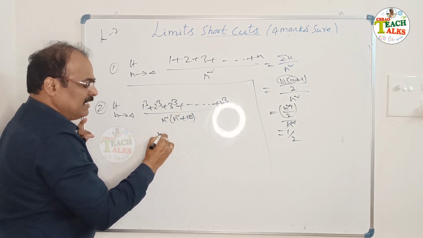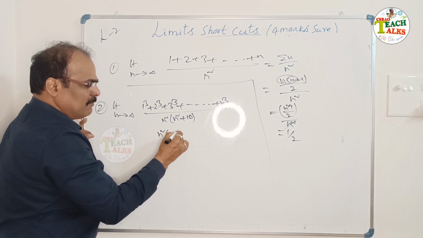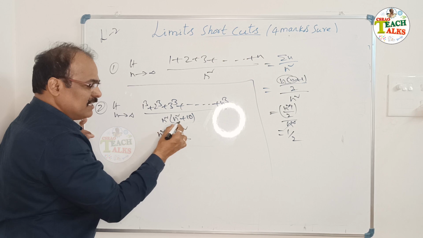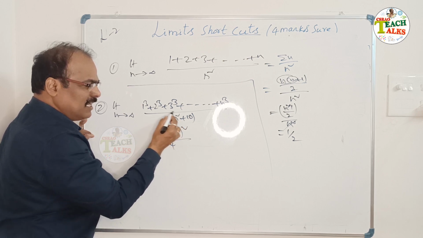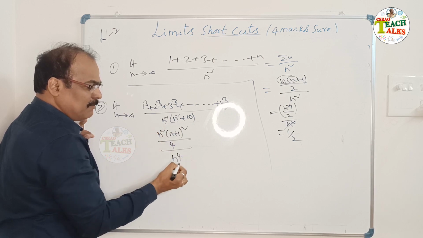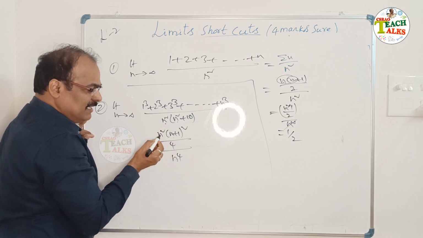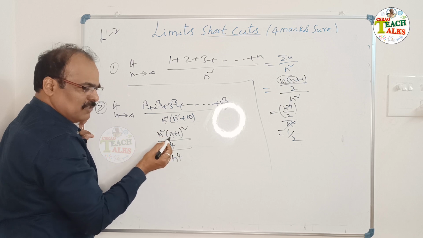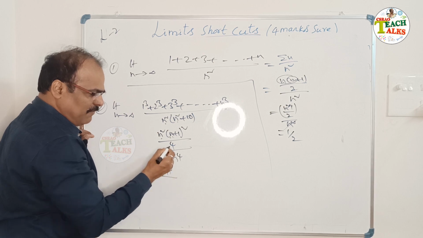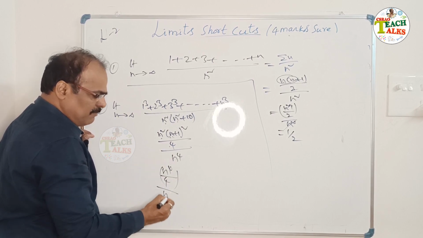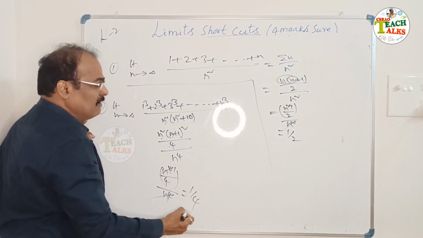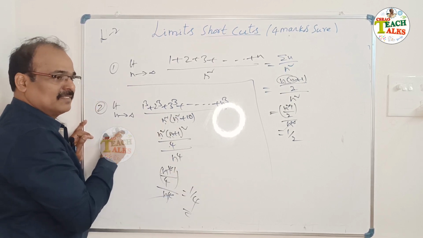It is n square into n plus 1 whole square by 4, divided by the highest term in the denominator, that is n power 4. N square into n square is n power 4. Here n square is there, and one more n square from the a plus b whole square formula. So n power 4 by 4, whole divided by n power 4. N power 4 cancels once. It is 1 by 4, the answer of this.